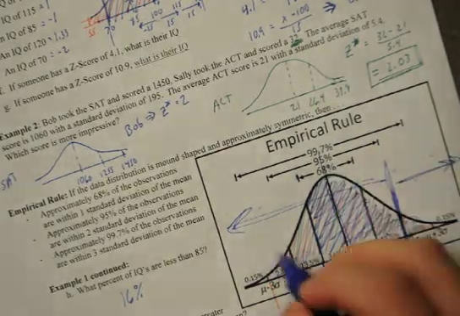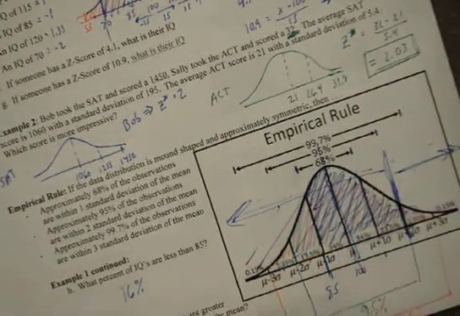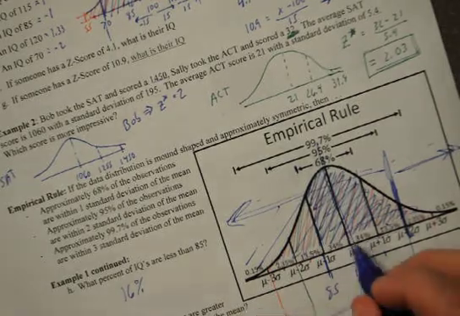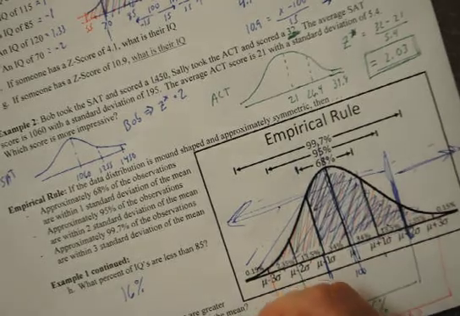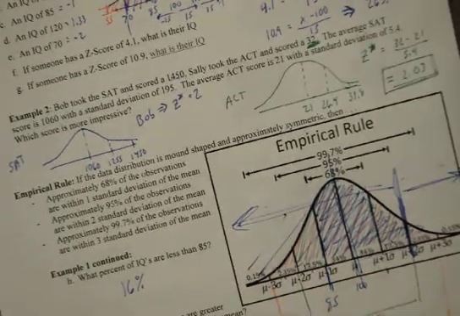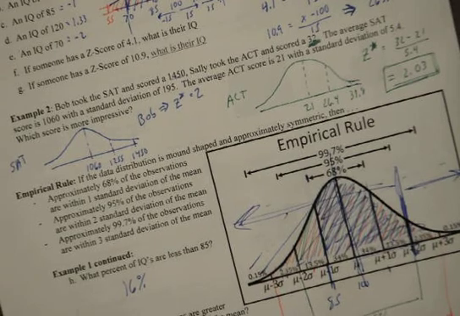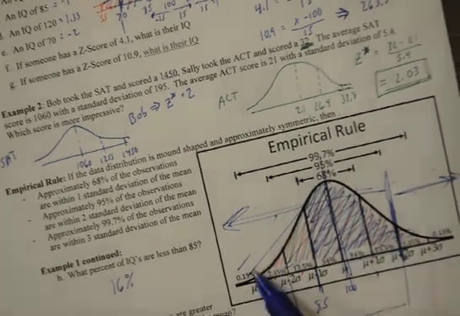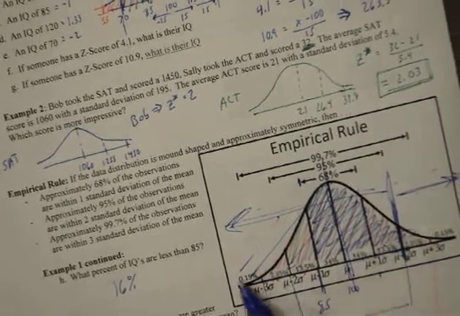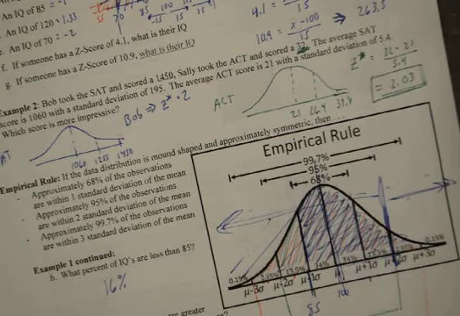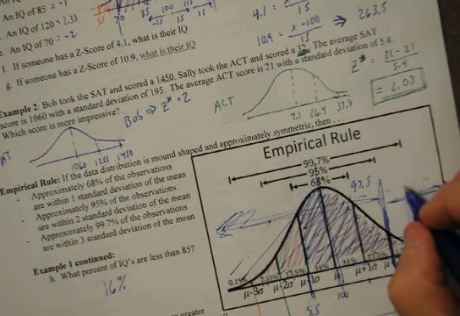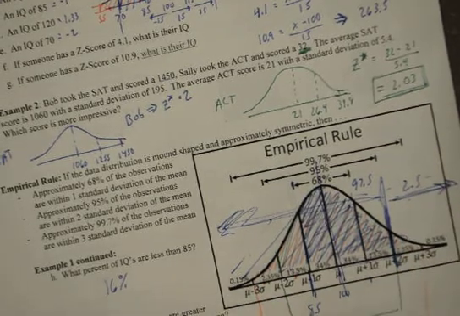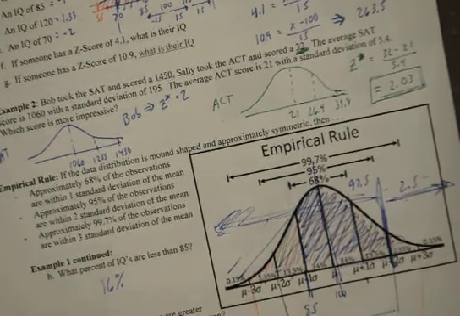So that's 50% plus 34% plus 13.5%. Okay. So what percent of IQ scores are greater than 2 standard deviations? Well, this is the less than 2 standard deviations. And so greater, so 97.5 is on this side, and that leaves 2.5% on that side.